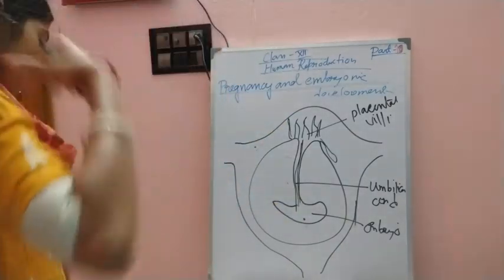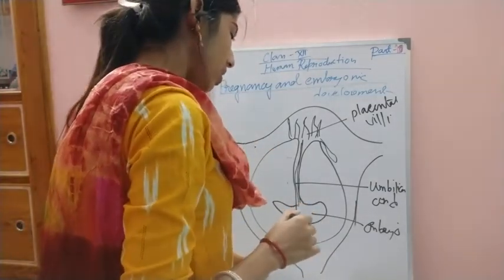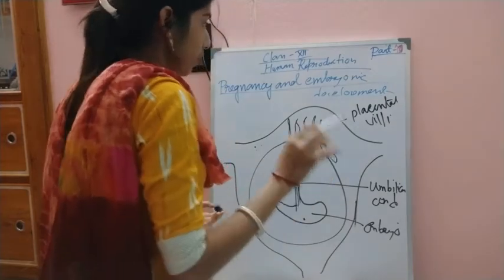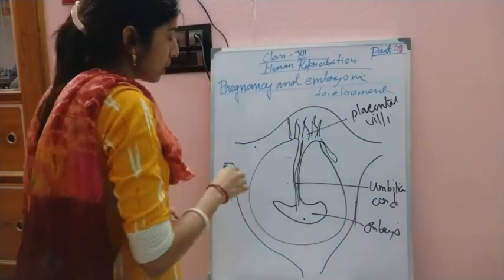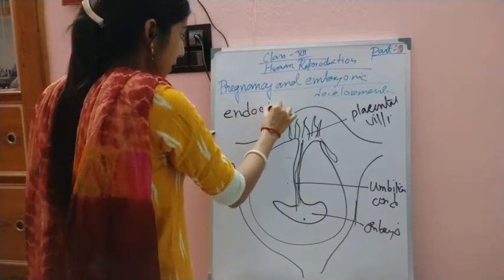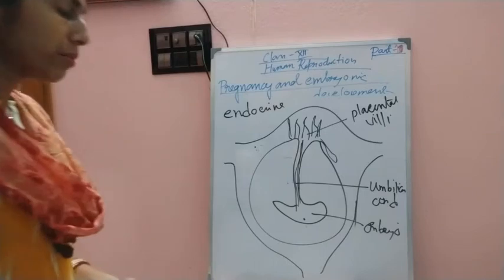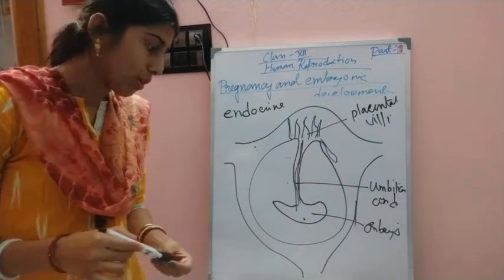Okay, so after that, what will happen? We have seen the function of the placenta, and the placenta also acts as an endocrine gland because it releases some important hormones. So what are they?